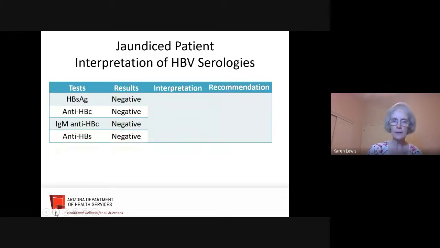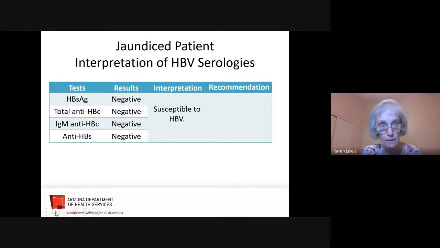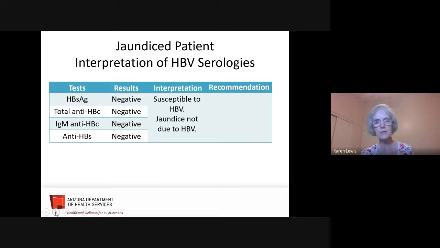Okay, we've got another presentation. Jaundice patient, and you have all 4 of the serologic tests being negative. What does this mean? They're susceptible to hepatitis B. The jaundice is not due to hepatitis B, but they're susceptible.